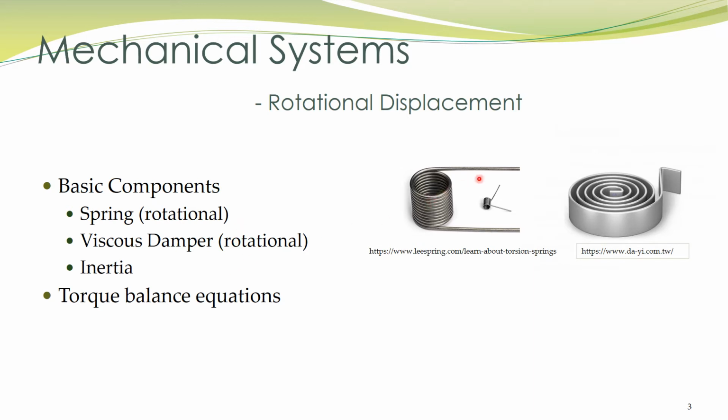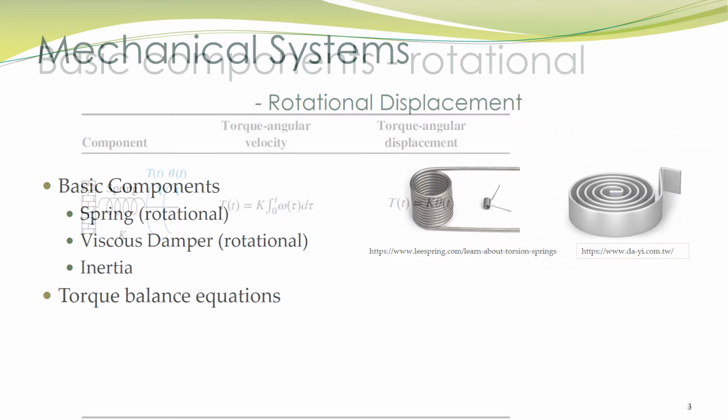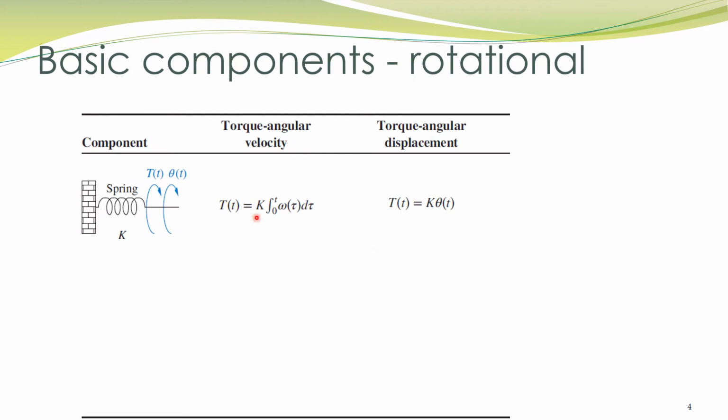You may have seen a rotational spring that can have different shapes, and likewise a viscous damper can have different shapes. The first element is the rotational spring. When we apply a torque on this spring, it produces an angular displacement theta of t.